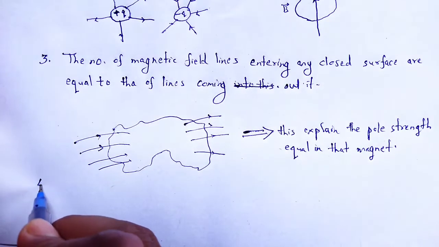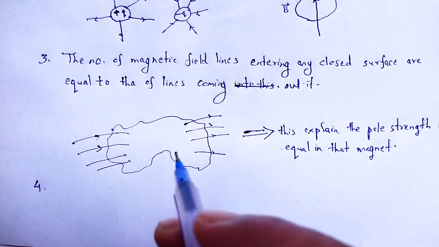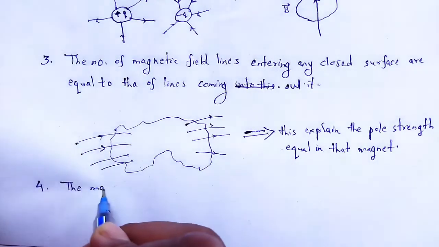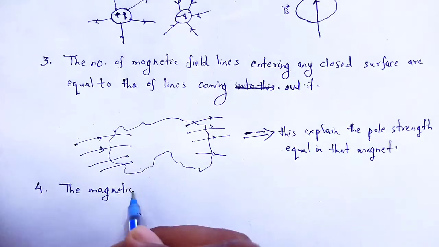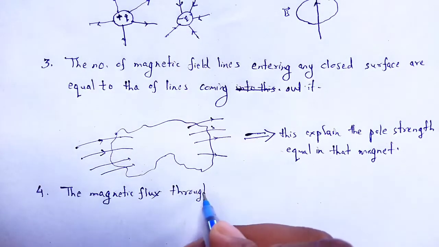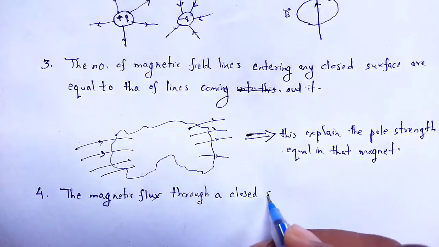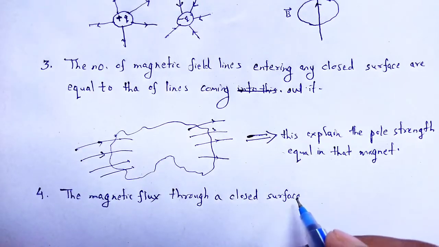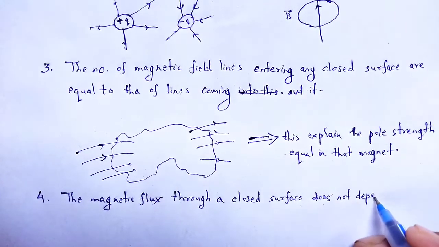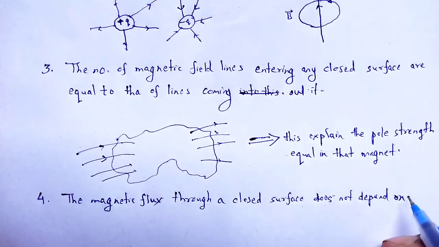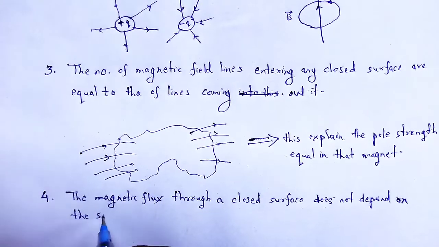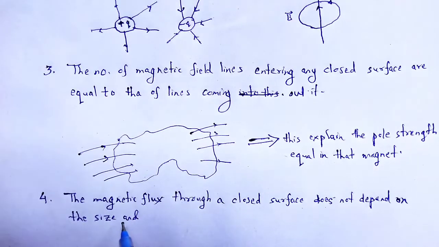Property number 4, the magnetic flux through a closed surface does not depend on the size and location of the closed surface.